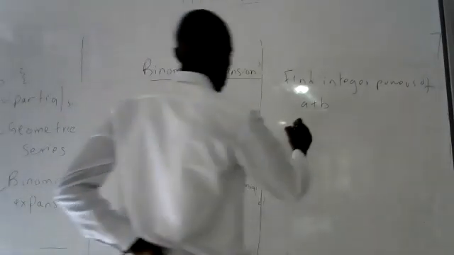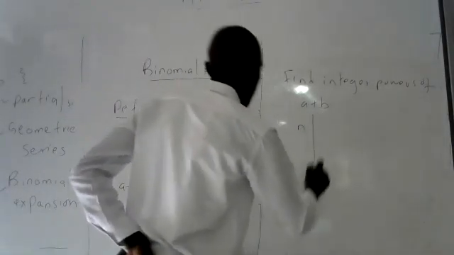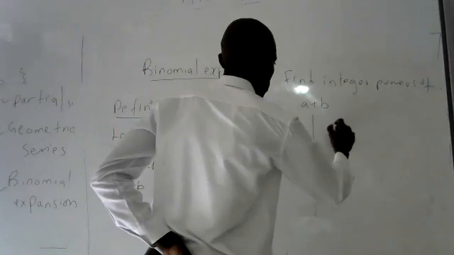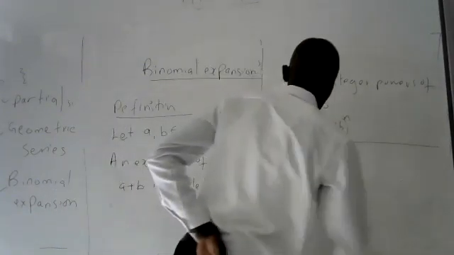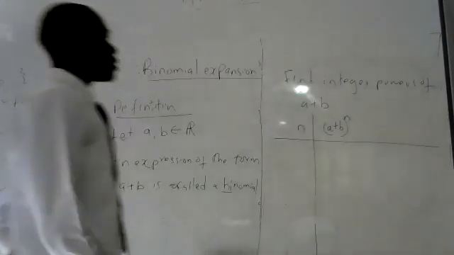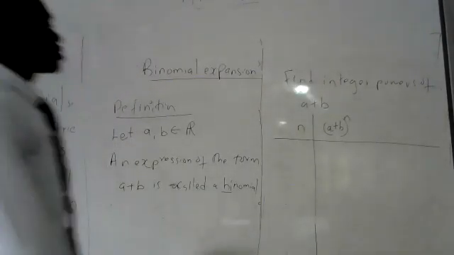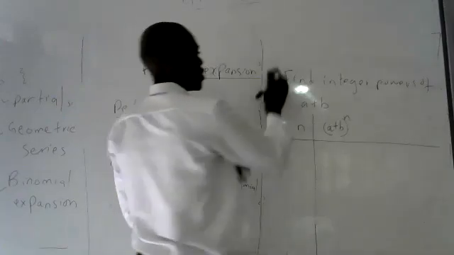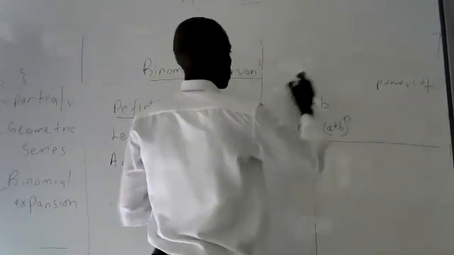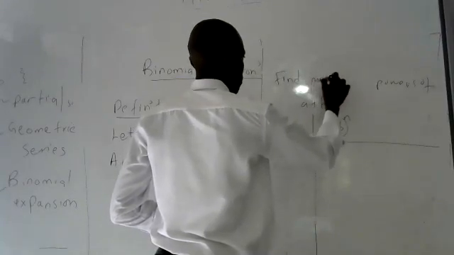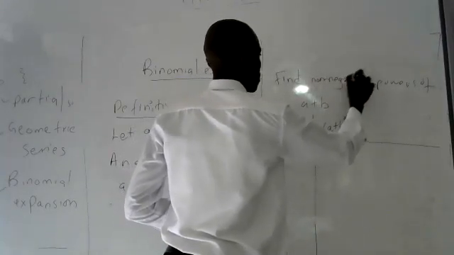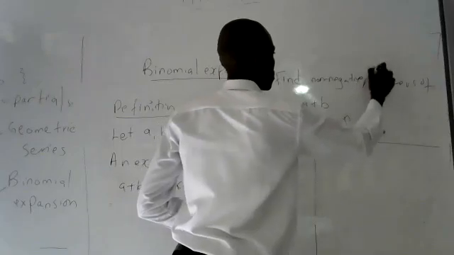Let me create a table of values here, and then we want to see what a plus b raised to n looks like. Integer power. So maybe I should put non-negative: to find non-negative integer powers.